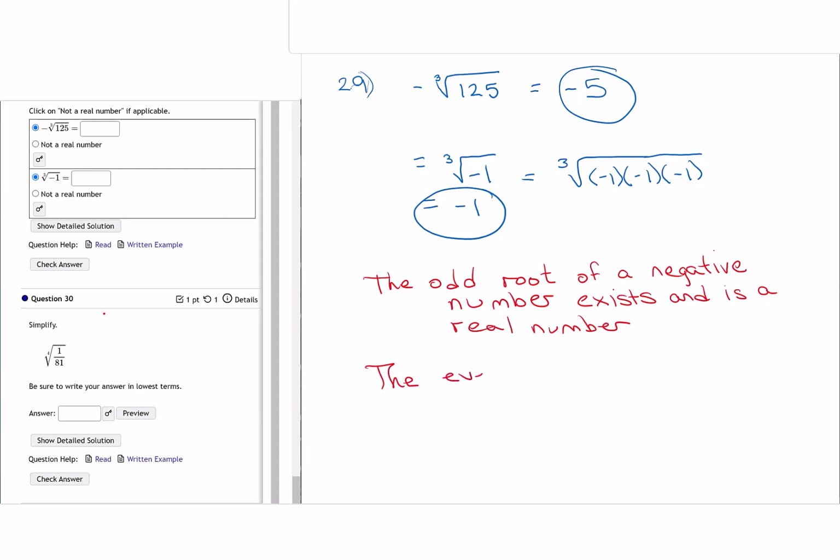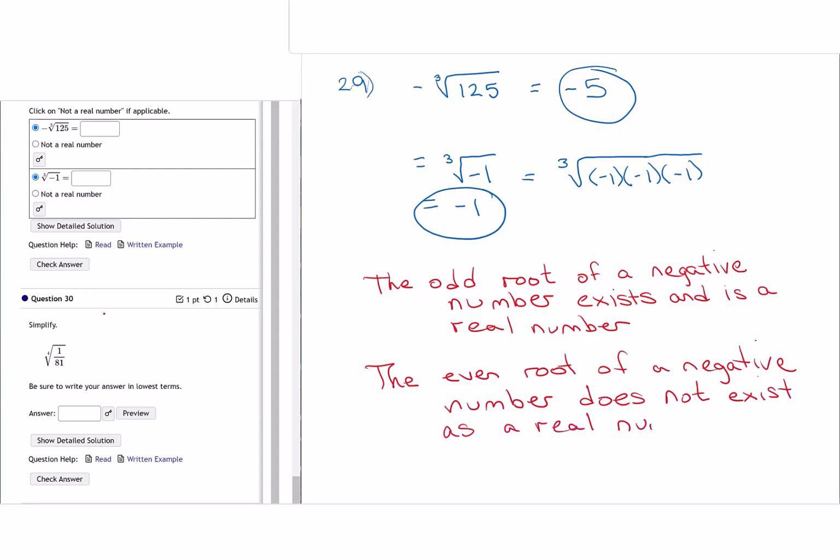The even root of a negative number does not exist as a real number. It would be an imaginary number. We're not talking about that.